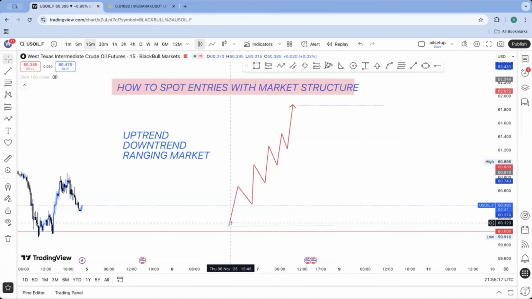So let's say price is currently at $10, but we started at $1. So that makes it an uptrend. So if you want to spot the direction of the trend, you can go to the daily, the weekly, the 4-hour time frame, or the 1-hour time frame. So you will know the direction the market is moving, and you also want to take trades or spot some entries in the direction of the trend.